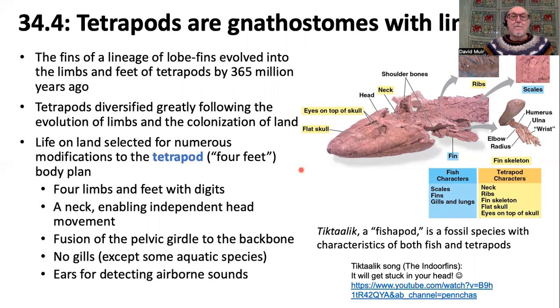And very late, by about 365 million years ago, the true limbs had begun to evolve. This is a fish-like tetrapod. It's sometimes called a fishapod. And this is Tiktaalik. It's a very famous fossil.